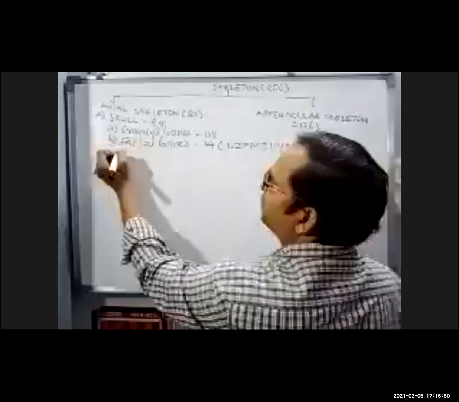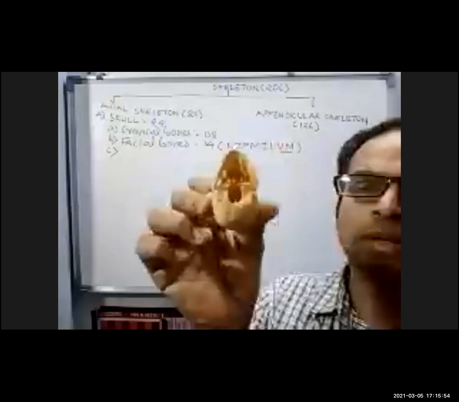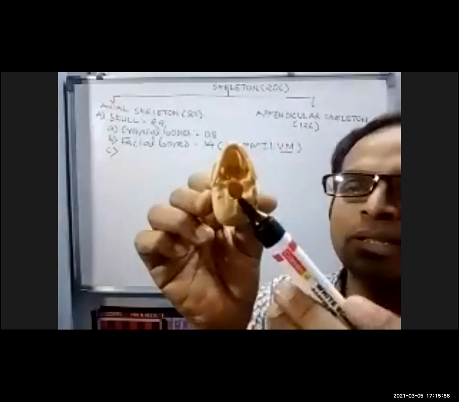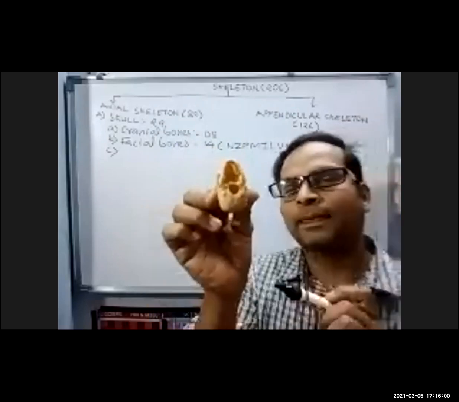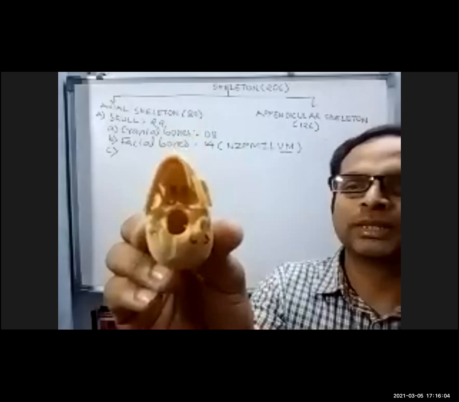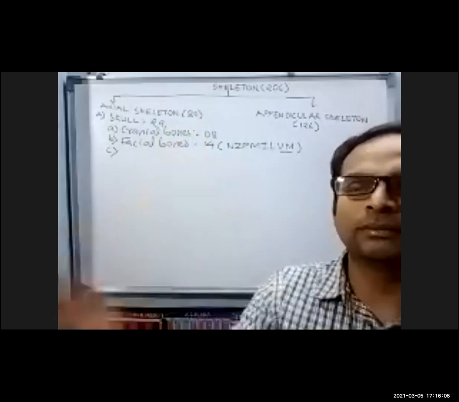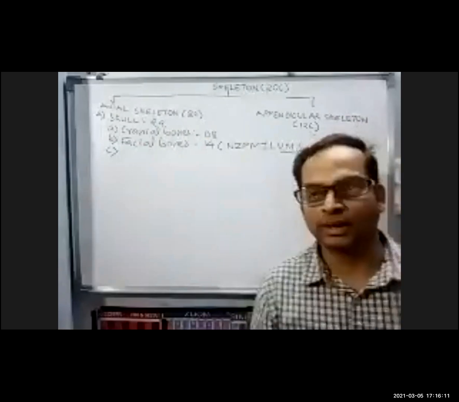Even I told you at the base of this skull there is a small cavity. You watch here. What is the name for this small cavity present at the base of the skull? And for what is it? What is the role of this? Speak, children. Tell me. Can you all hear me?